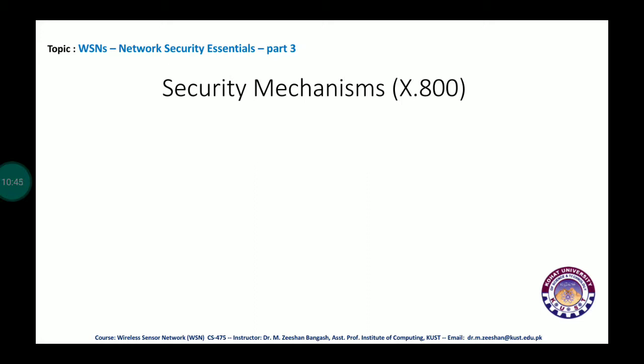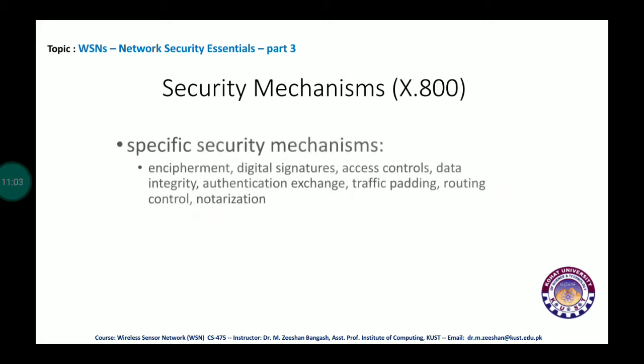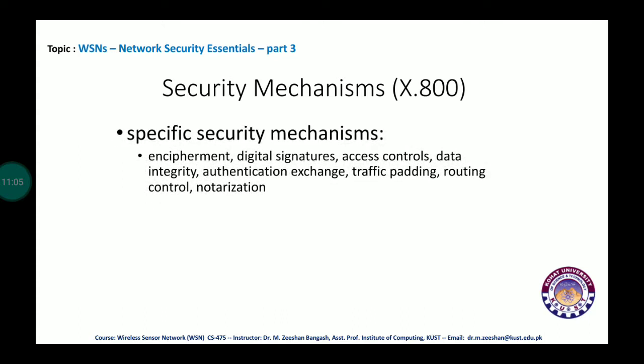Now, specific security mechanisms are protocol layer specific, while pervasive security mechanisms are not layer specific. Specific security mechanisms, for example digital signature, access control, data integrity, encipherment, authentication exchange, routing control, notarization, and traffic padding, are protocol layer specific mechanisms.